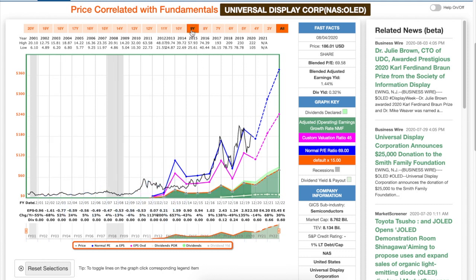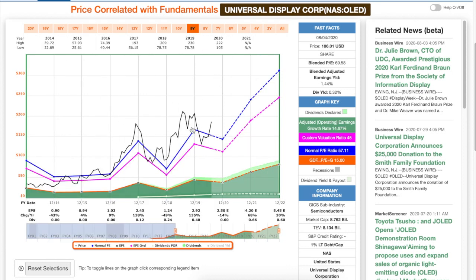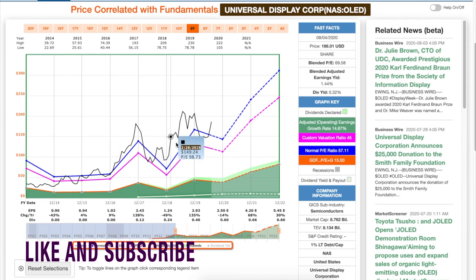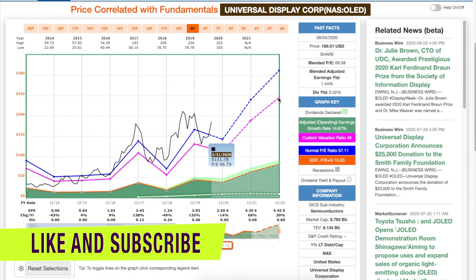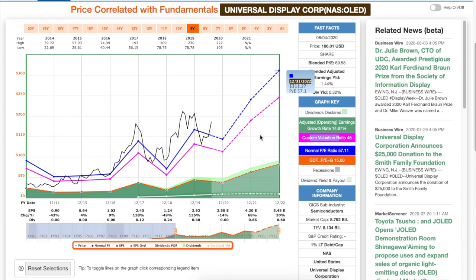But if we take a closer look at the past 9 years, you can see the company has been growing their share price quite nicely. And I'm actually using a custom valuation ratio of 45 because the normal ratio is 57. So I don't think the company is going to grow at that rate of 57, but I think a 45 valuation ratio is nice, considering the high growth rate, 20% plus.